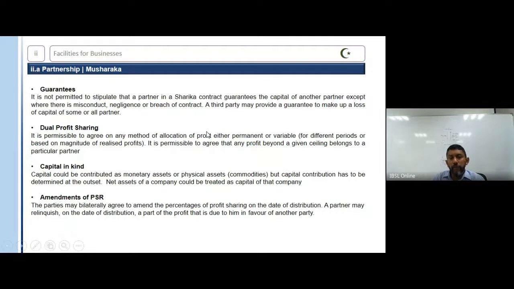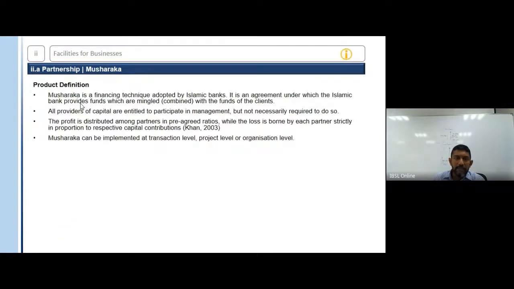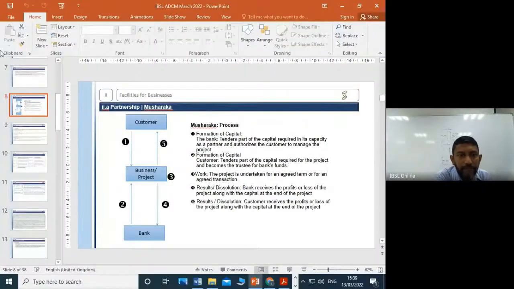So there are a few rules related to Islamic banking when it comes to Musharaka. First, this is of course coming from the principles. So let me illustrate this also.